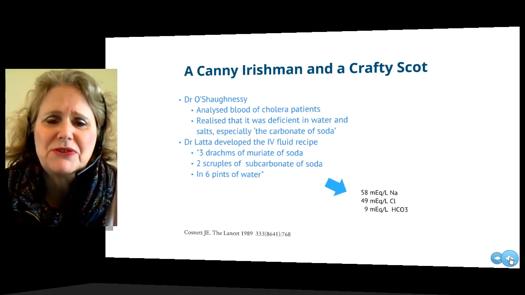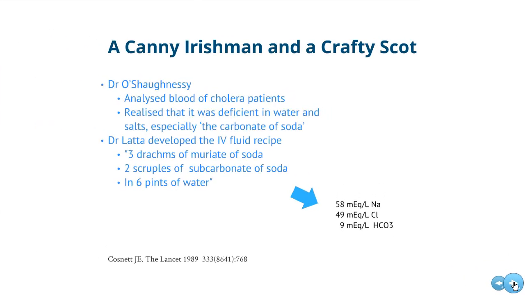He had a bit of a laboratory streak in him, and he managed to measure the fact that the blood was deficient in water and deficient in what he called carbonate of soda. And that translates to what we see in our diarrhea patients today with dehydration and a metabolic acidosis. So he was spot on with his analysis.